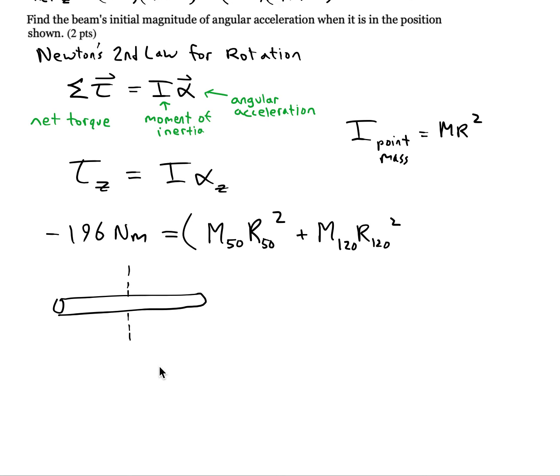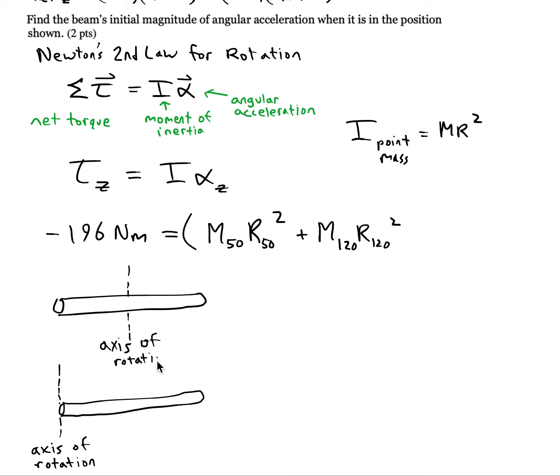There's one formula for that. But if you have a rod where it's actually spinning about one end, where that's the axis of rotation, then it has a different formula. So let's look up on the tables what the formulas are for these different cases.